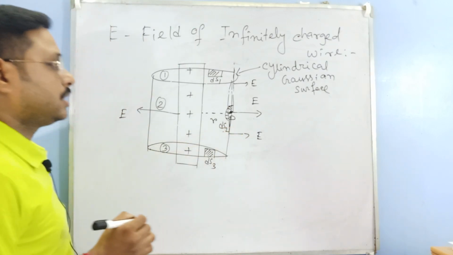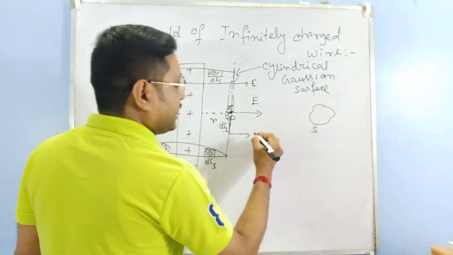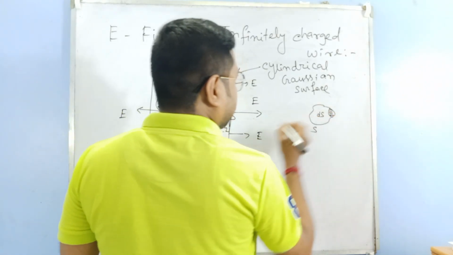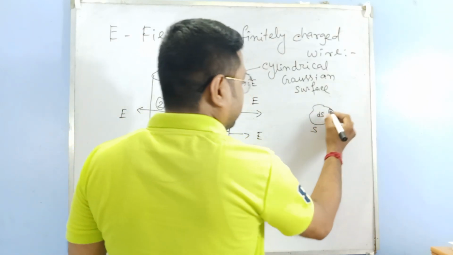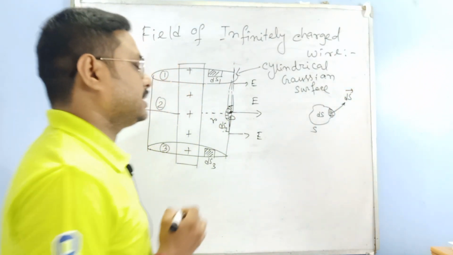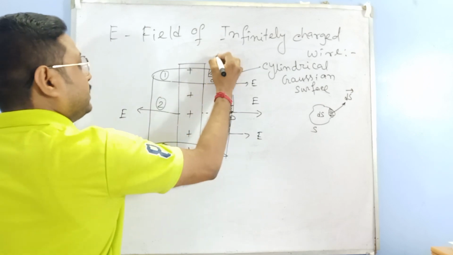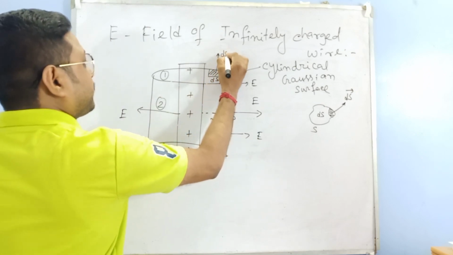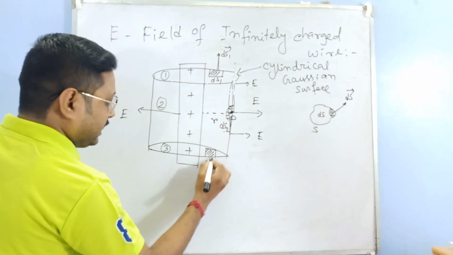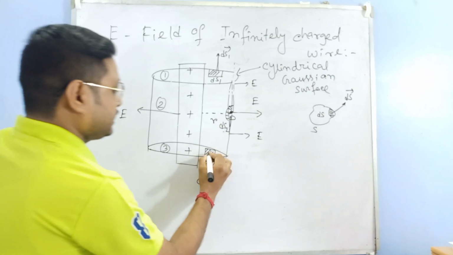Now as we know, if we take a closed surface S and take a very small elementary surface dS, then the area vector must be perpendicular to this surface. This is the direction of dS. So in this case, the area vector of dS1 must be perpendicular to the plane, and similarly for dS3, the area vector is along the axis.